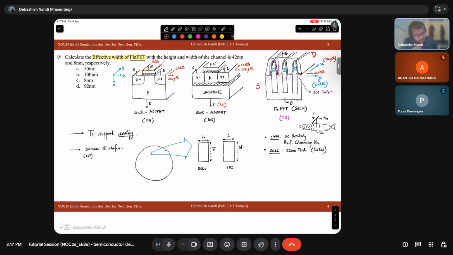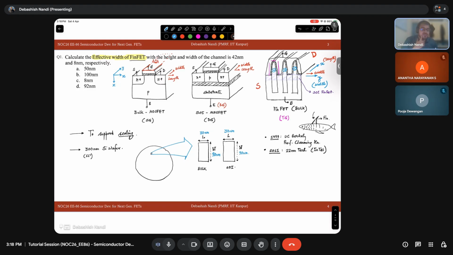Let's take an example. Let's assume W is 90 nanometer and length 30 nanometer. So this is 30 nanometer by 90 nanometer.